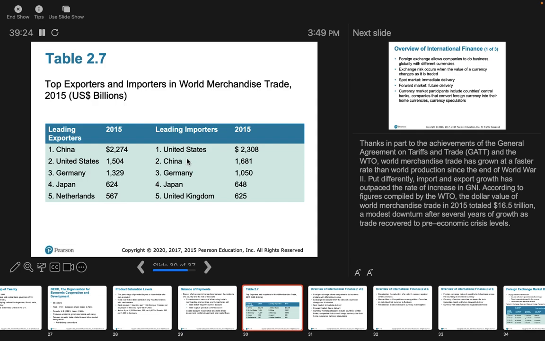Then we have Germany, okay, Japan, and we have Netherlands. For exporting, both China and United States export the most, and also they import the most. Then for Netherlands, it's among the leading exporters, but not among the leading importers.